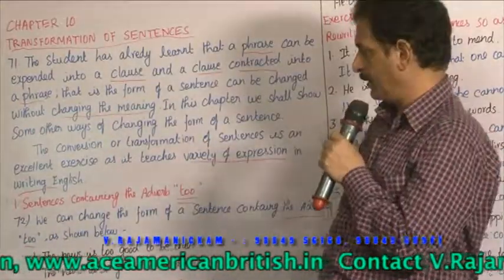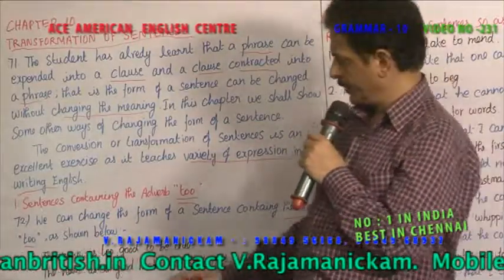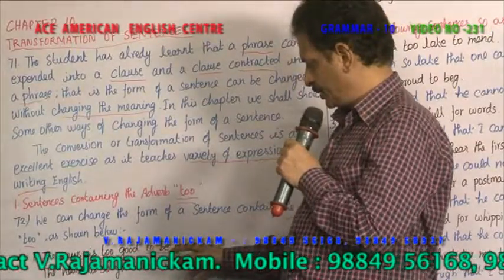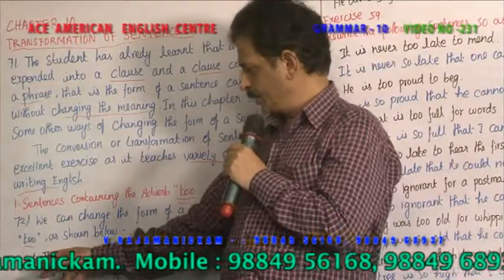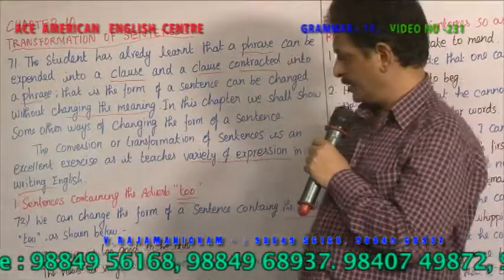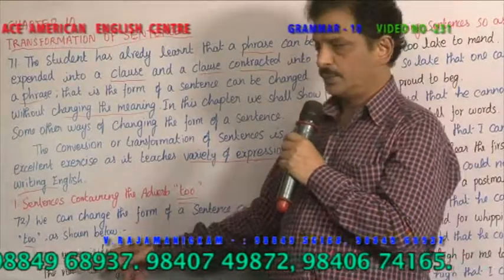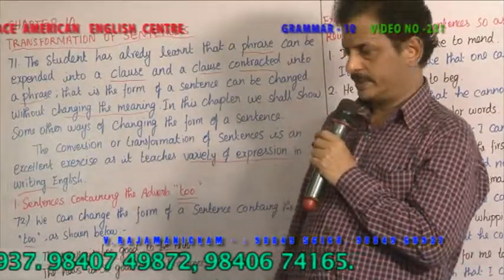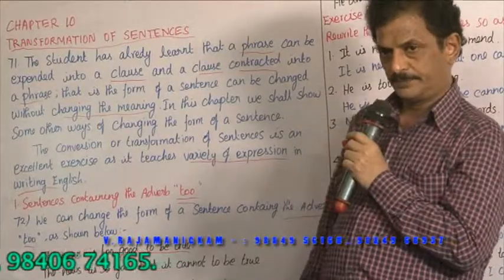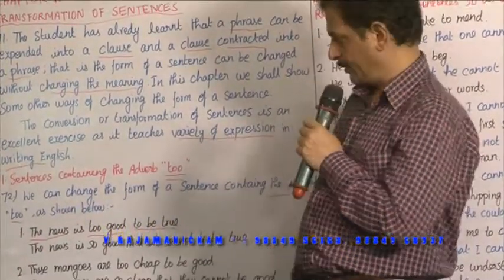For example, the news is too good to be true. You see, the subject is news, the verb is. Too good, adjective. Too modifies the adjective good. Then you have an infinitive, to be, and true is another adjective.